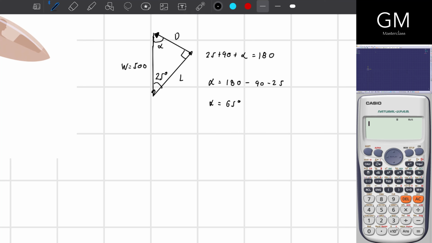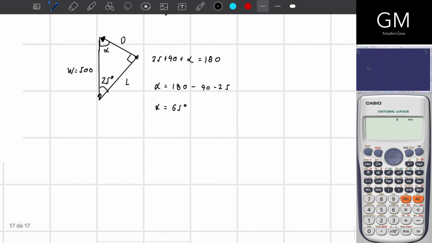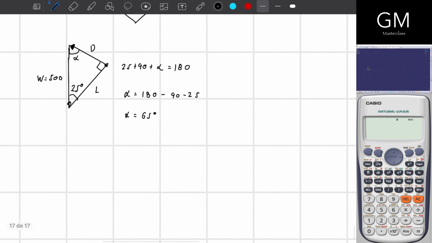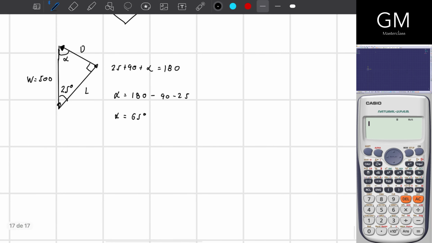And I already have all the angles within the triangle. So what I'm going to do is to apply the sine law. In this case, this is generated by a correlation between the angles, sines of the angles, and the magnitudes.